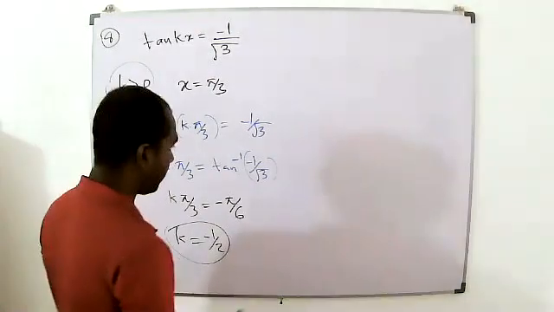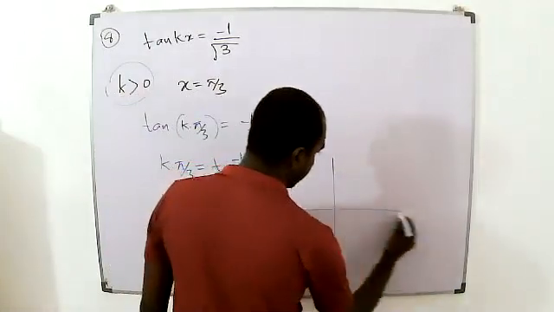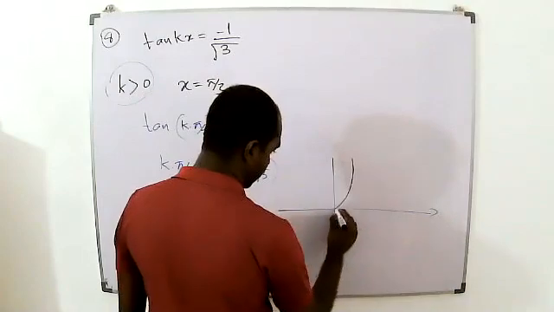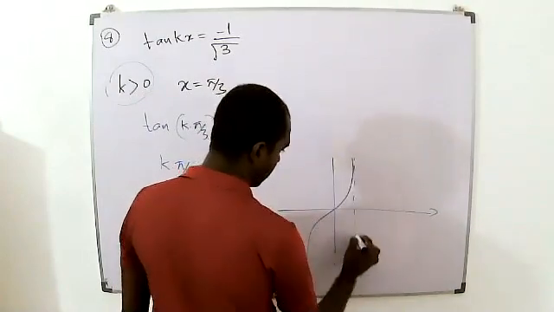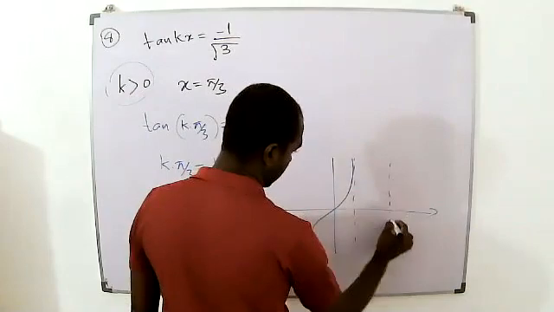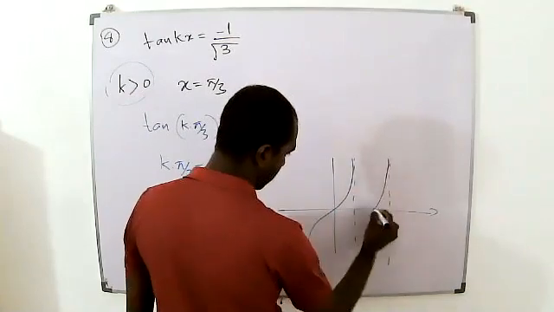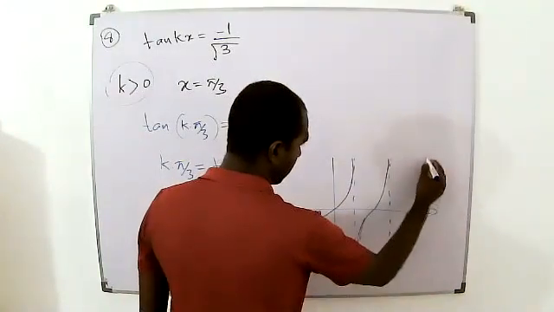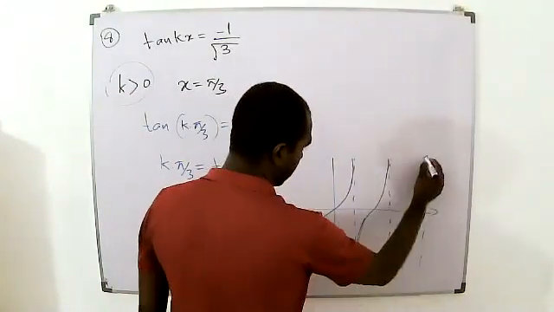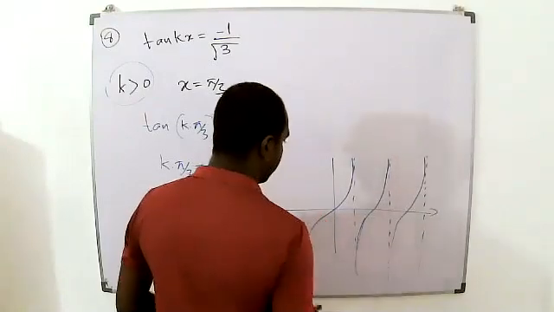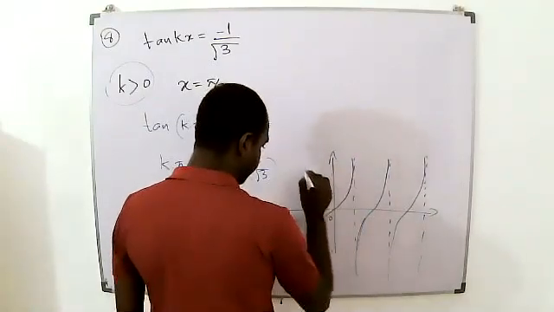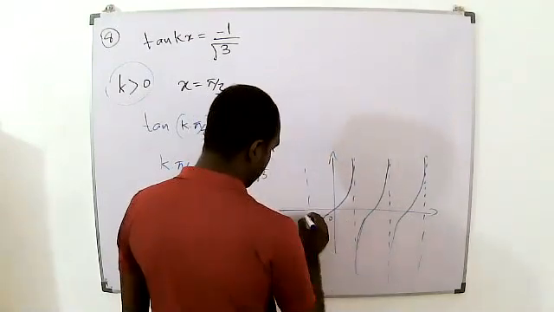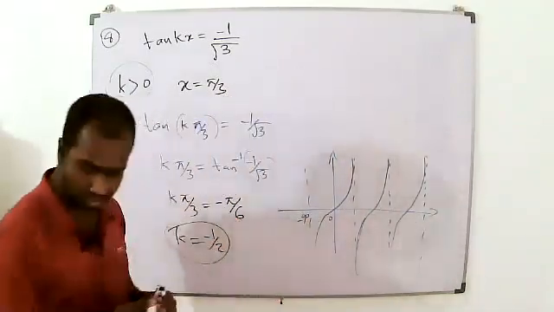Do a little bit of a search. If we draw some tan curves, you will identify. See? Let's draw some tan curves here. So this will be 0, 90, minus 90 degrees.